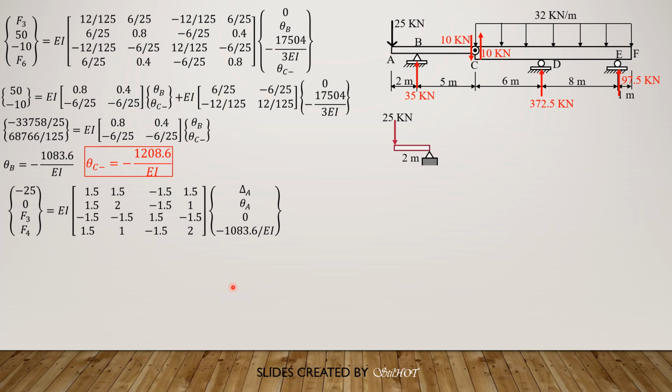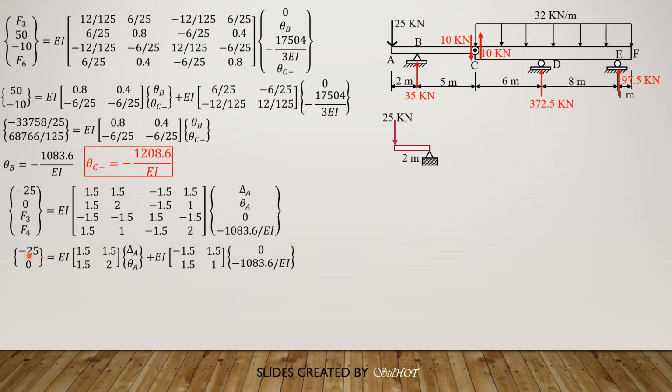So expanding rows 1 and 2, so negative 25, 0 equals EI times the matrix 1.5, 1.5, 1.5, 2 times delta A, theta A, plus another matrix EI times negative 1.5, 1.5, negative 1.5, 1 times the matrix 0 and negative 1083.6 over EI.